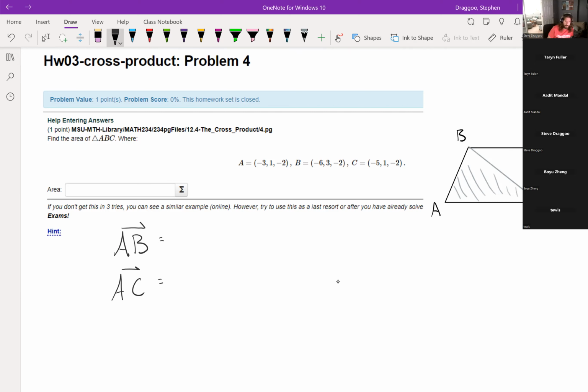So without further ado, let's figure out what these vectors are. Also, I suppose it's worth noting that as long as we have a triangle, it won't matter which two vectors we decide to take. We could do AB, AC, or even BC.